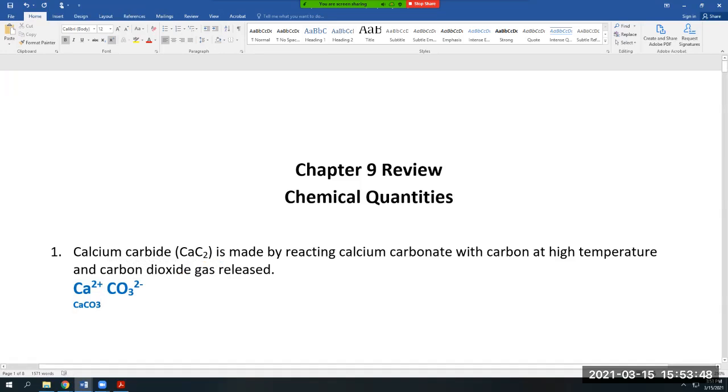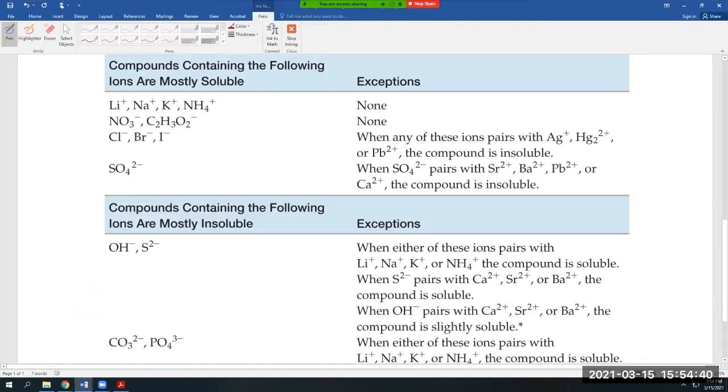And then we have to decide about the physical state of this. So let's look at the solubility rules. We do not have calcium listed here on the left side of the solubility rules. However, we do have carbonate. Carbonate makes mostly insoluble compounds.